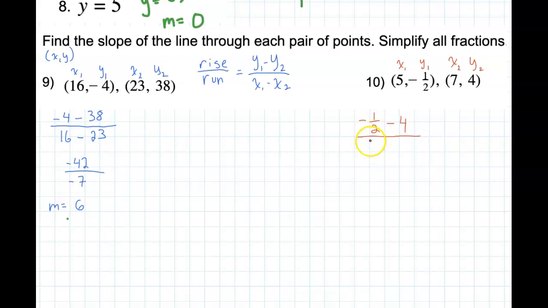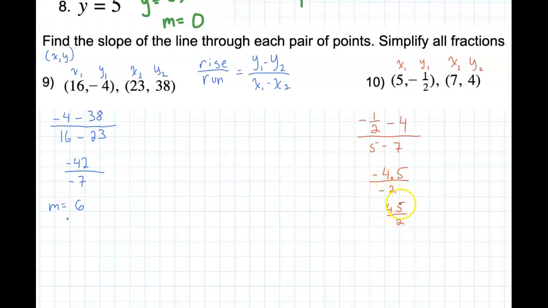Divided by, and we have 5 minus 7. So that, well, what are we going to do there? So -1/2, so that's -4.5. I could say -4.5. I feel more comfortable with that. Over -2. This is positive 4.5 over 2 because a negative divided by a negative.